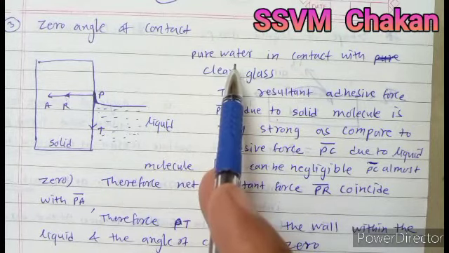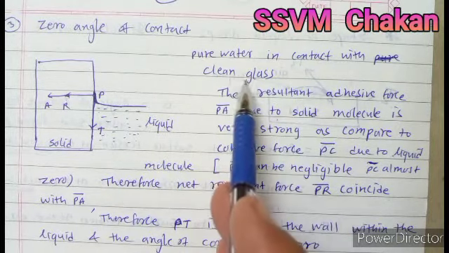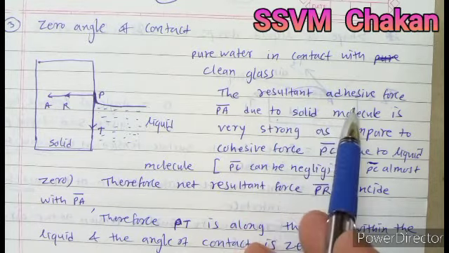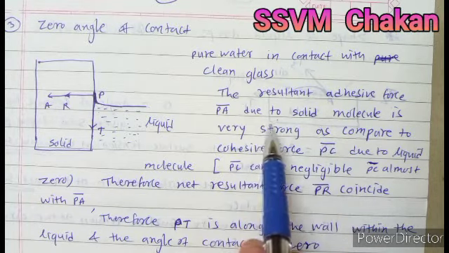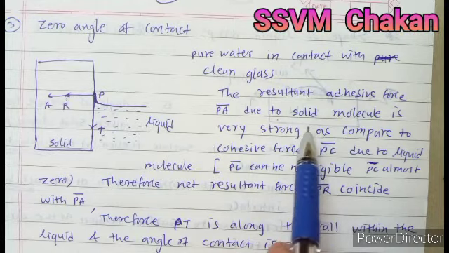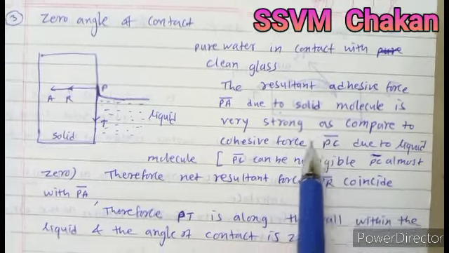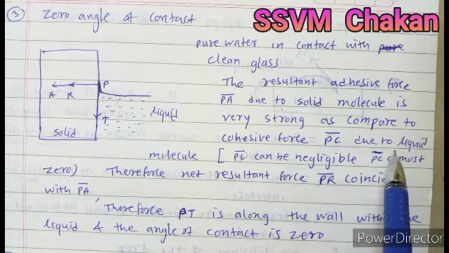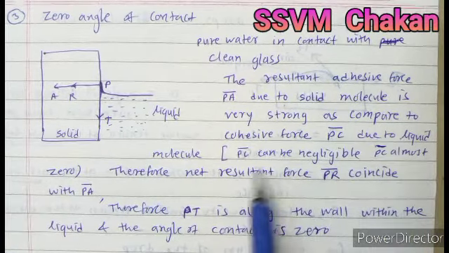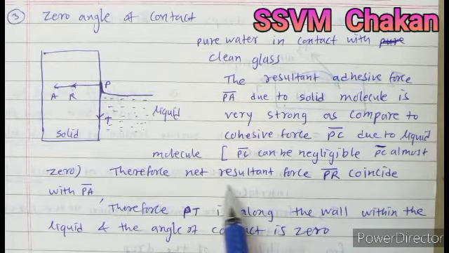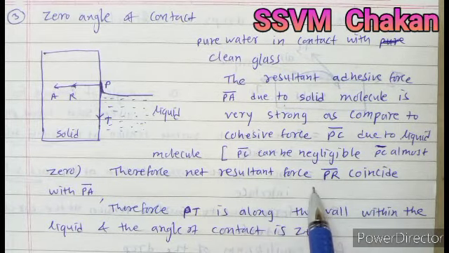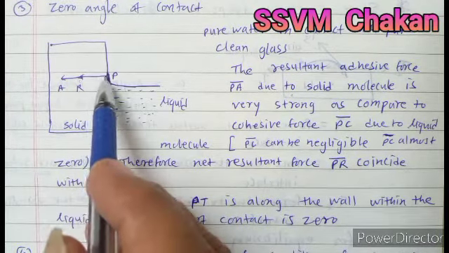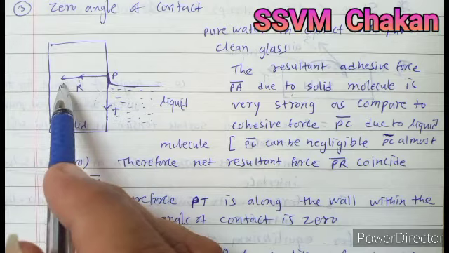For pure water in contact with clean glass, the resultant adhesive force PA bar due to the solid molecules is very strong compared to the cohesive force PC bar due to liquid molecules. Therefore, the net resultant force PR bar coincides with PA bar.